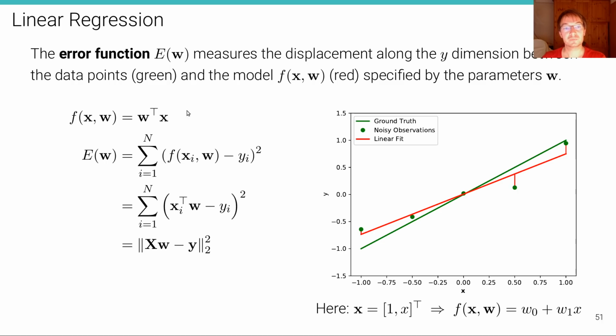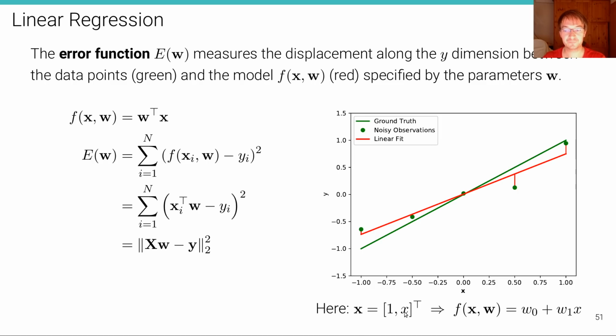And we have, in this case, a very simple linear regression model that has just a one-dimensional input and a one-dimensional output. So if we want to rewrite this in terms of this expression here, we can simply choose x, this x here, as 1 and x. So this boldface here always denotes a vector or matrices in my slides, and non-boldface symbols typically denote scalars. So these x are not the same variables.